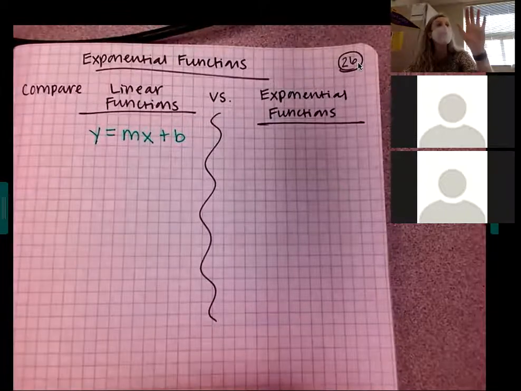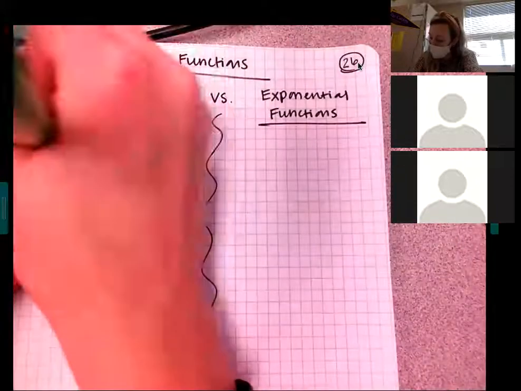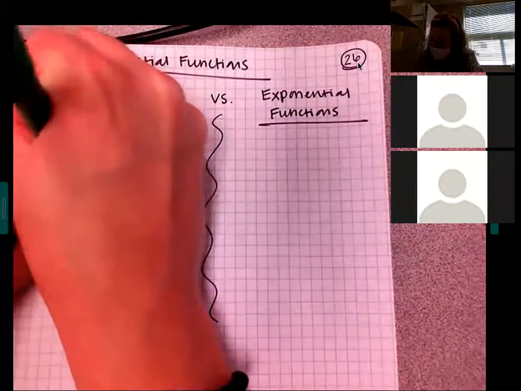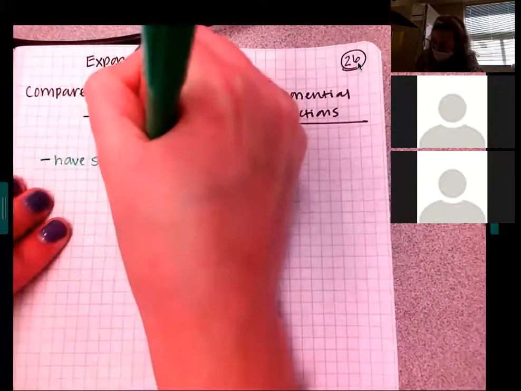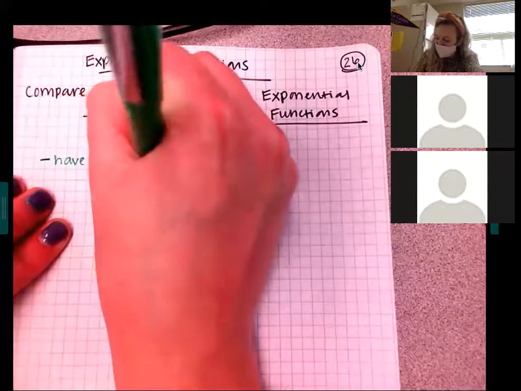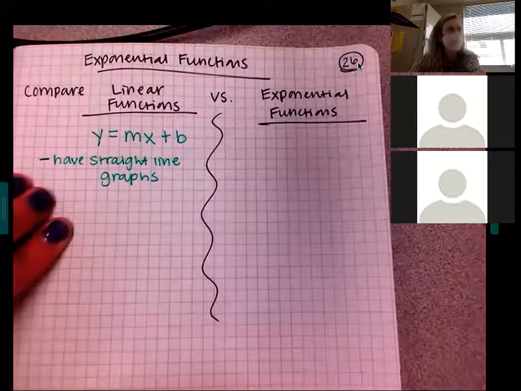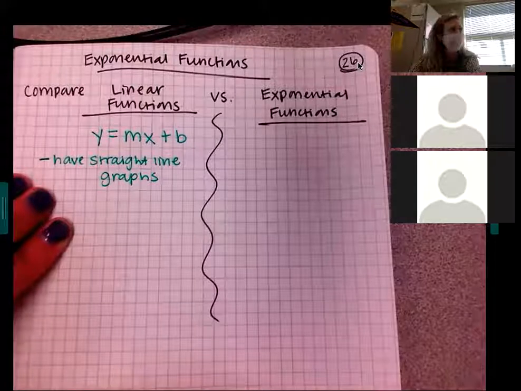So we remember linear functions, right? Okay, do you guys remember linear functions have straight line graphs? If you graph a linear function, it makes a straight line? Like if you graph a line, it will be straight, correct? Y'all looking at me like I made that up on the spot.